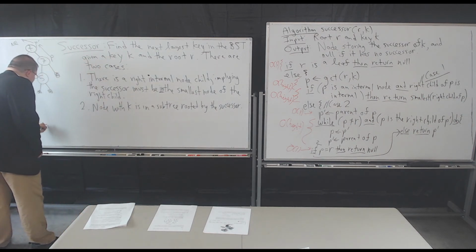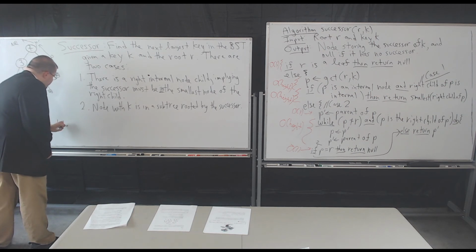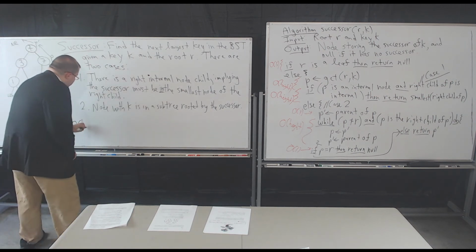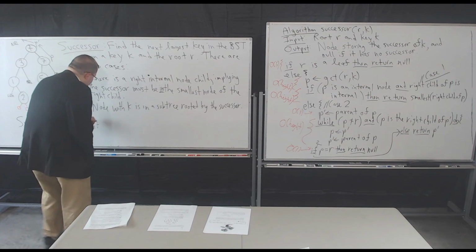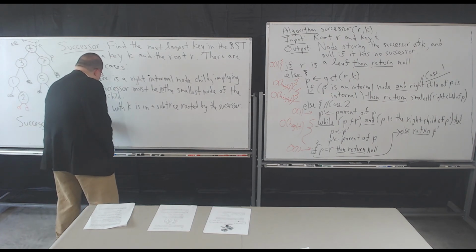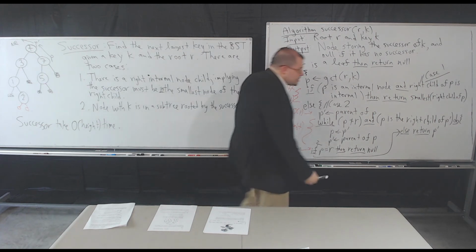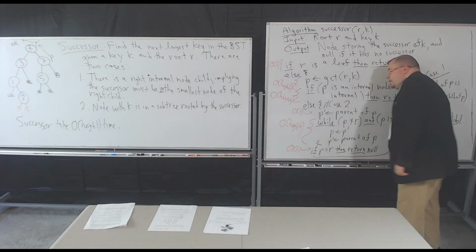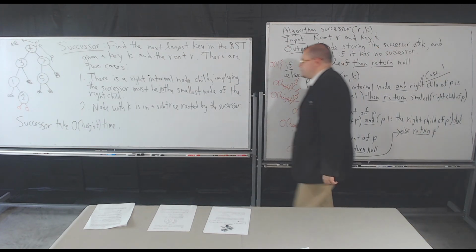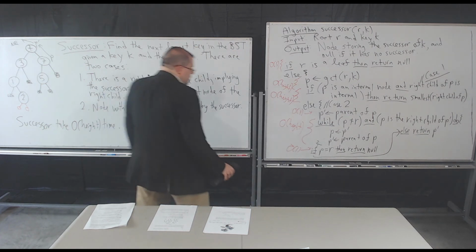So the successor takes big O of the height time. So you can compute all of the operations I've shown you here in big O of the height of the tree. So that brings me to a natural question.